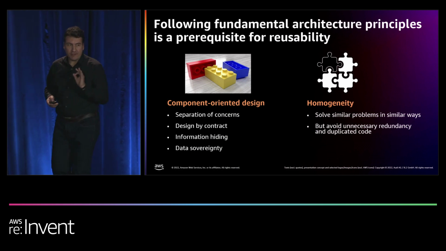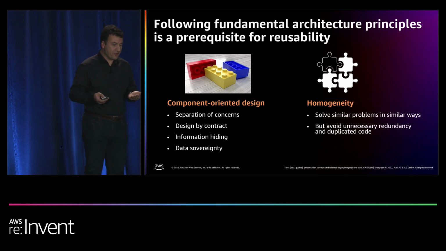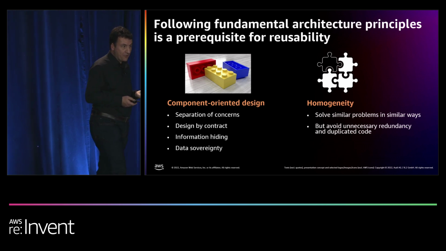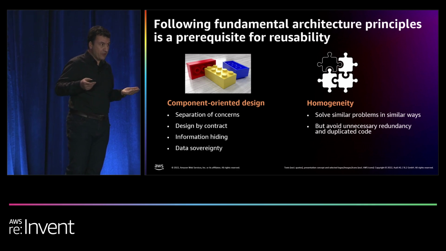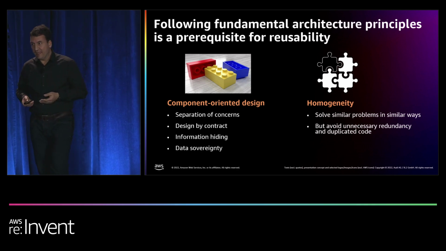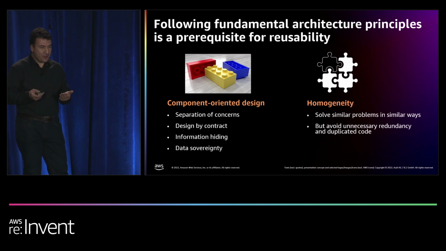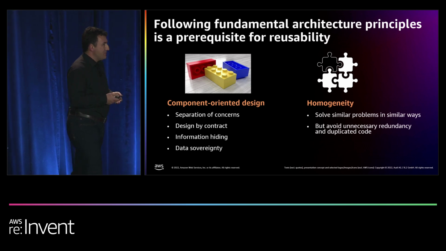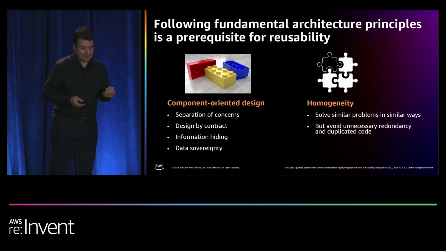We see it as a prerequisite for having reusable solutions that you follow fundamental architectural principles. And this is component-oriented design and homogeneity. Edsger Dijkstra proposed separation of concerns in 1974. So this is really old, but it is still one of the strongest weapons that we have to manage complexity.